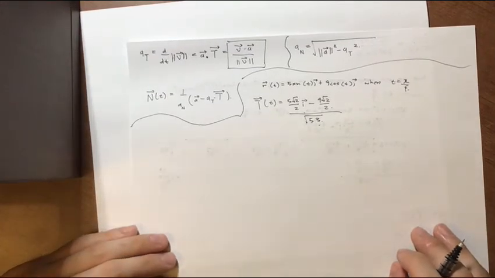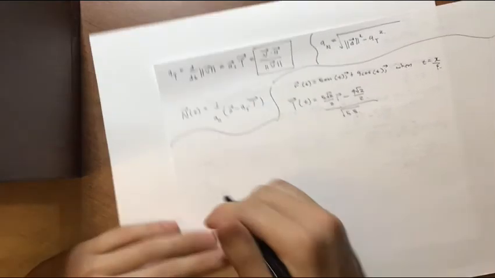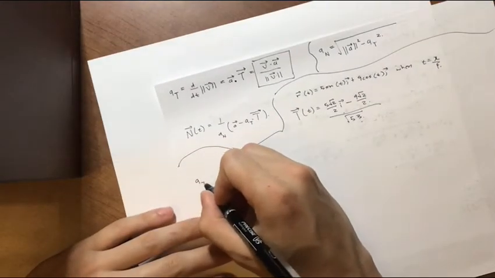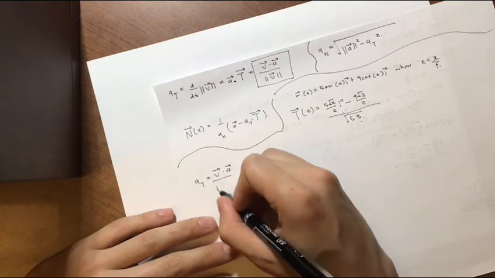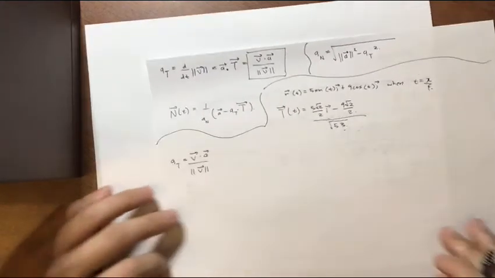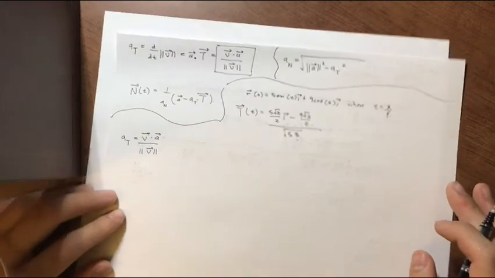Now we need to find the tangential component and the normal component. The tangential component is given by this formula, as we covered a minute ago.